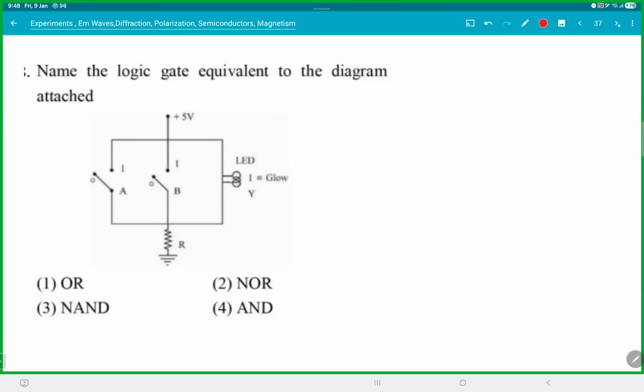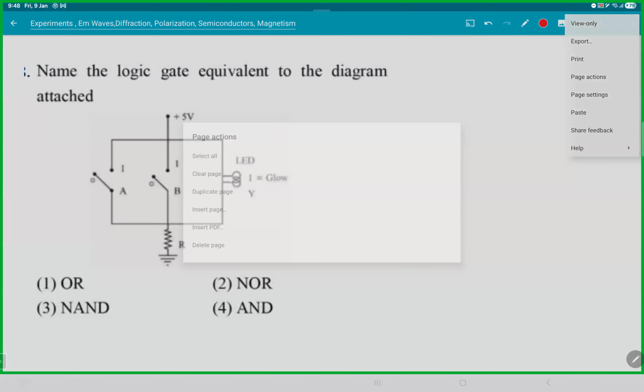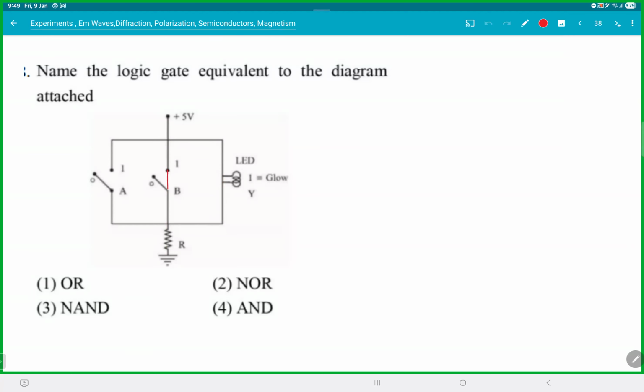So look at this thing. If I close any one switch, the current from here, actually, if you keep the switch open, current will flow like this. The moment you close any one switch, it will get shorted. Current will directly go through this. So if you close any one switch, the bulb will not glow. So if this switch was closed, this will get shorted.